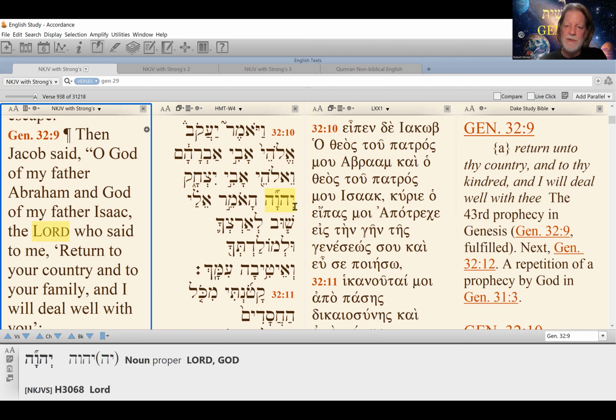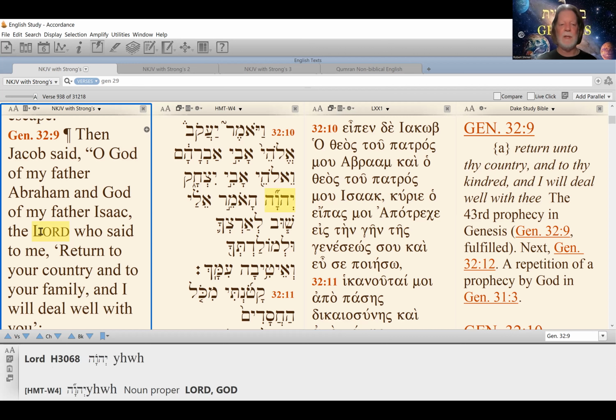The vowels you see here, the dots at the bottom of the name, are the vowels not for the sacred name itself, but for Adonai. So when a person familiar with Hebrew reads this, they'll see those vowels and say, oh, I'm supposed to say Adonai instead of the sacred name. So Lord in all caps means it's the Lord's sacred name, and we'll just follow that Jewish tradition of saying Adonai.